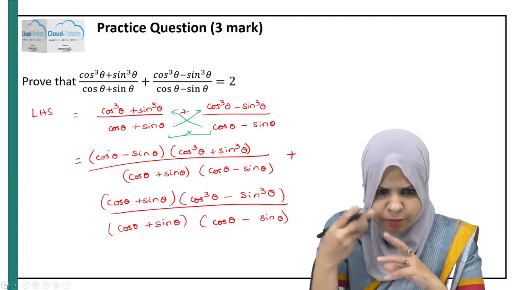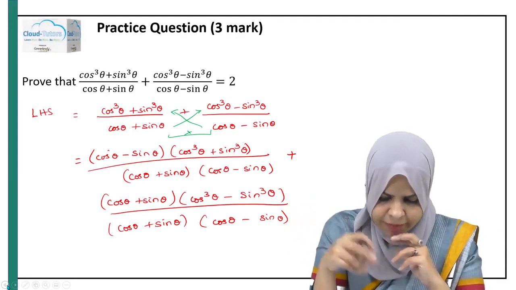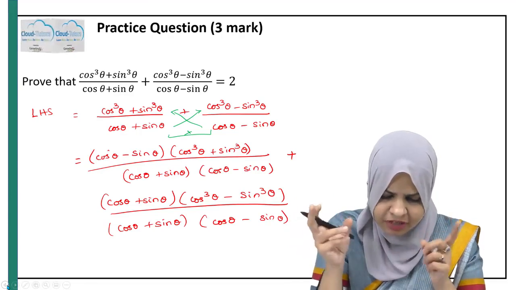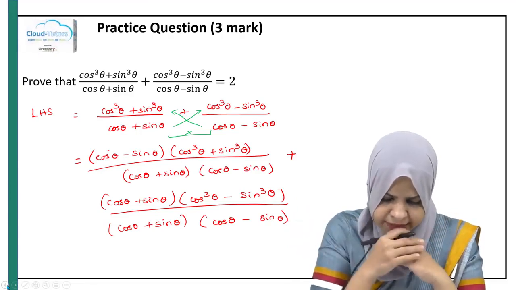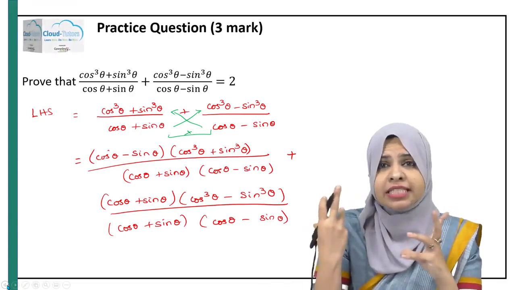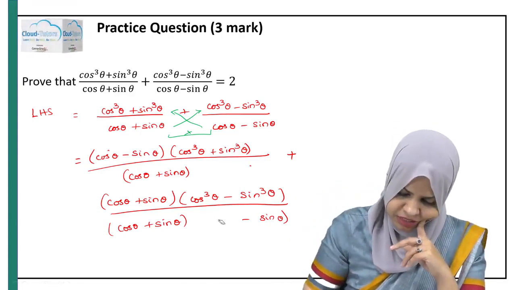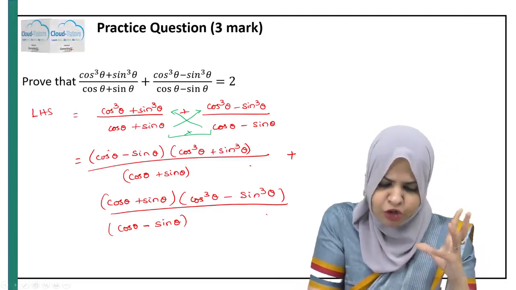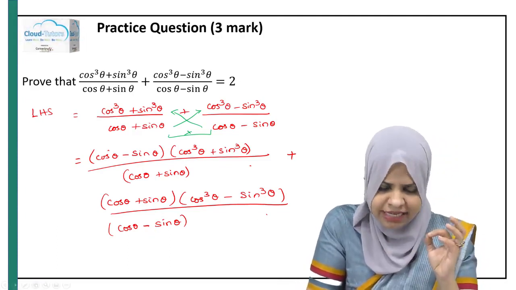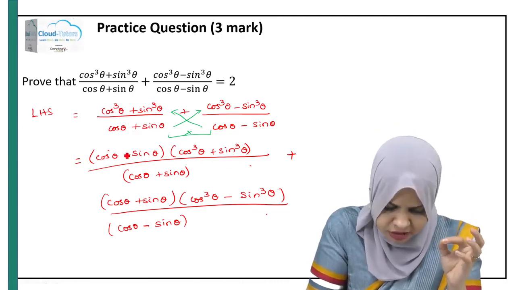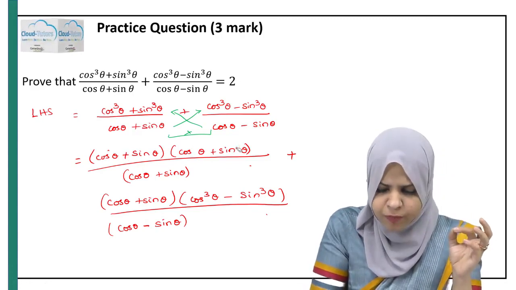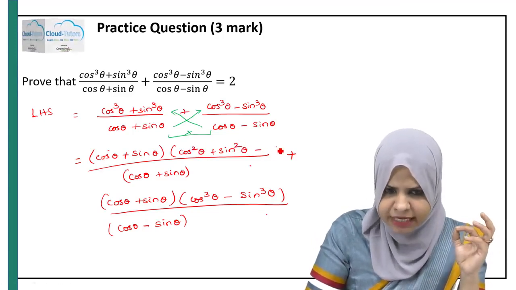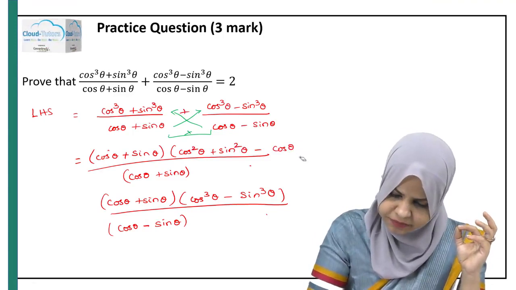Then this will become cos power 4 theta minus sin power 4 theta if I multiply. Okay, so instead of doing such a complicated thing, let's simplify the question itself here. So let me rewrite this. Cos cube theta plus sin cube theta can be written as cos theta plus sin theta into cos square theta plus sin square theta minus cos theta sin theta.